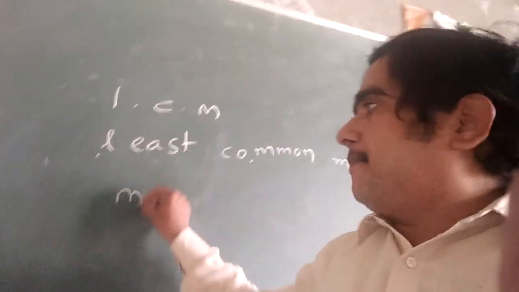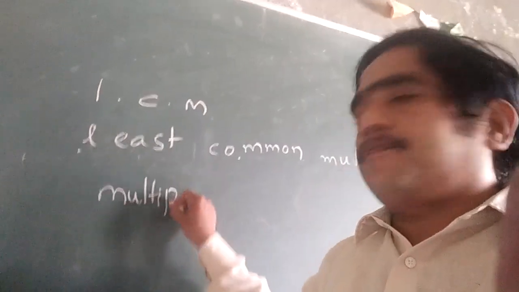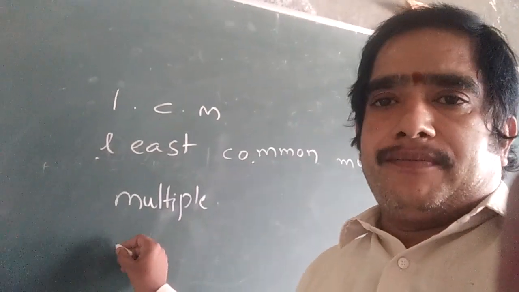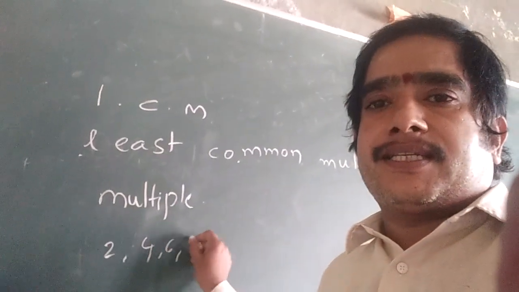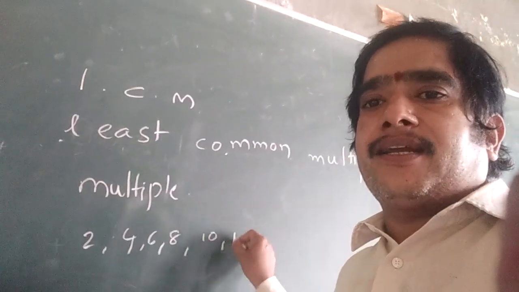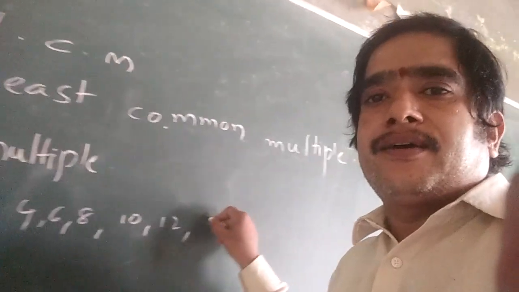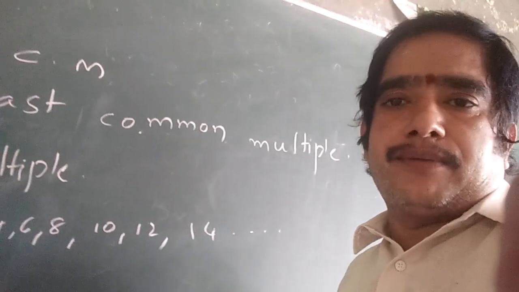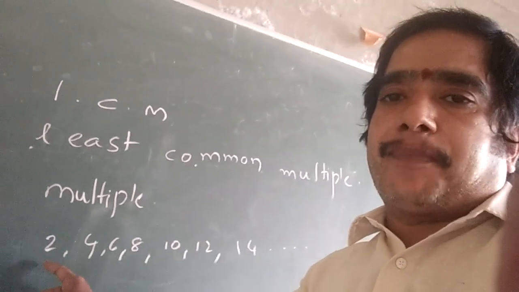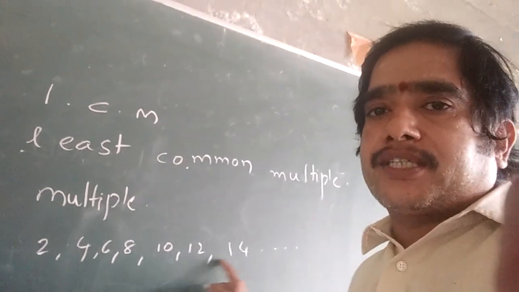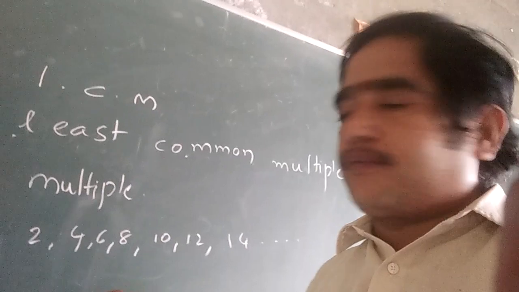What is a multiple? All of you know the two table: 2, 4, 6, 8, 10, 12, 14, like this. In the two table, when we multiply 2 with the natural numbers, the products formed are called multiples of 2.